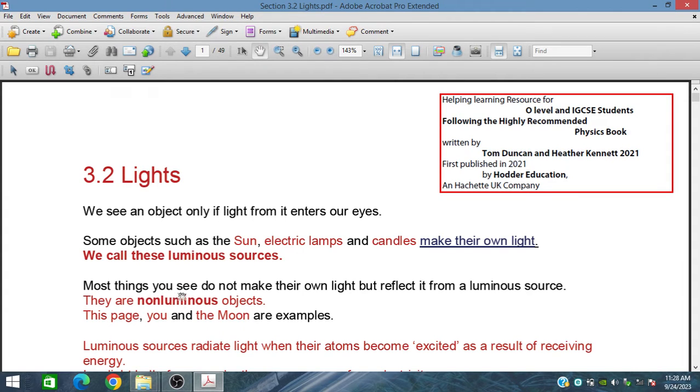Most things you see do not make their own light but reflect it from a luminous source.